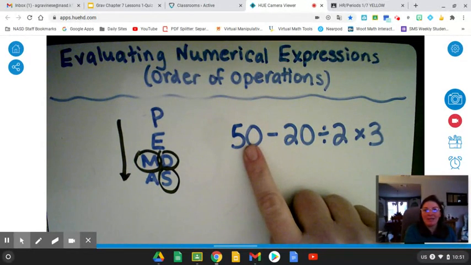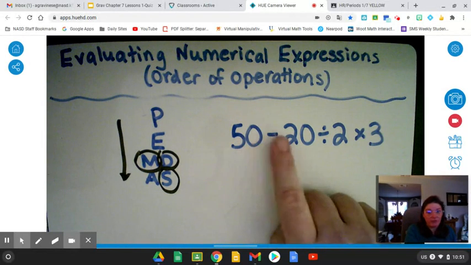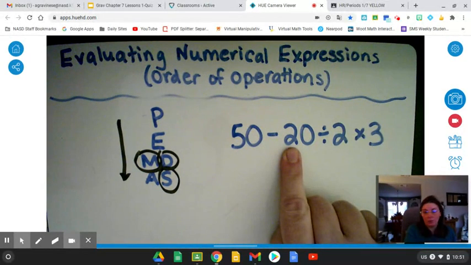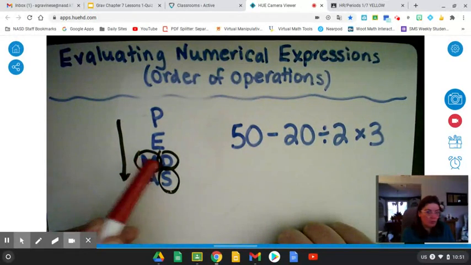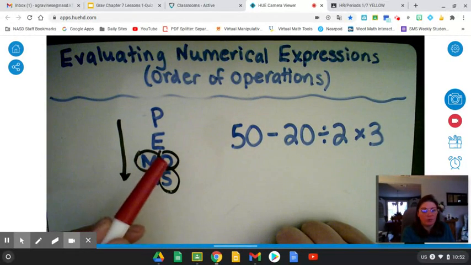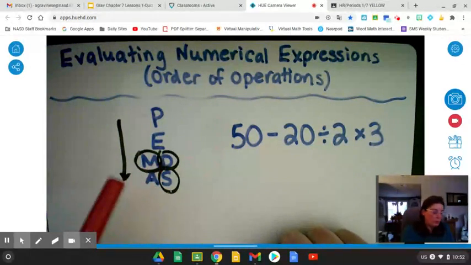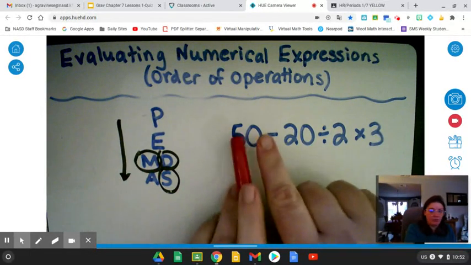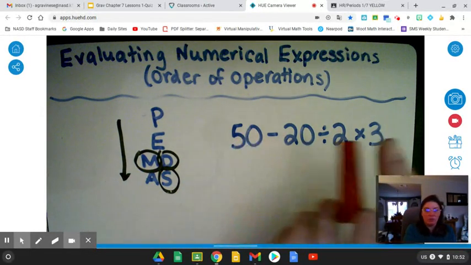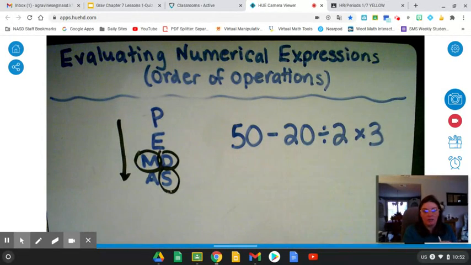So I am not performing 50 minus 20. No. I'm not doing that first because it's the last step. I have to do my multiplication and division before subtraction. So it's weird because you're not doing the first number you see here. You might be going toward the middle or the end to begin.